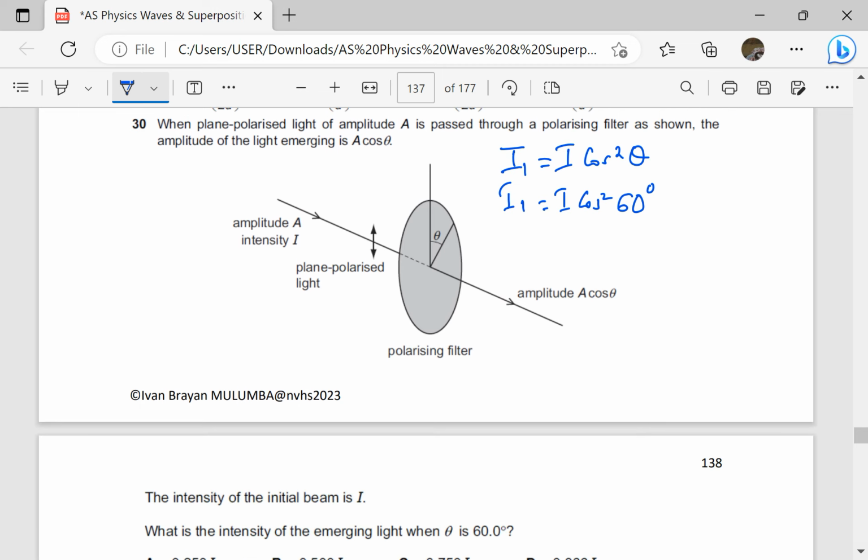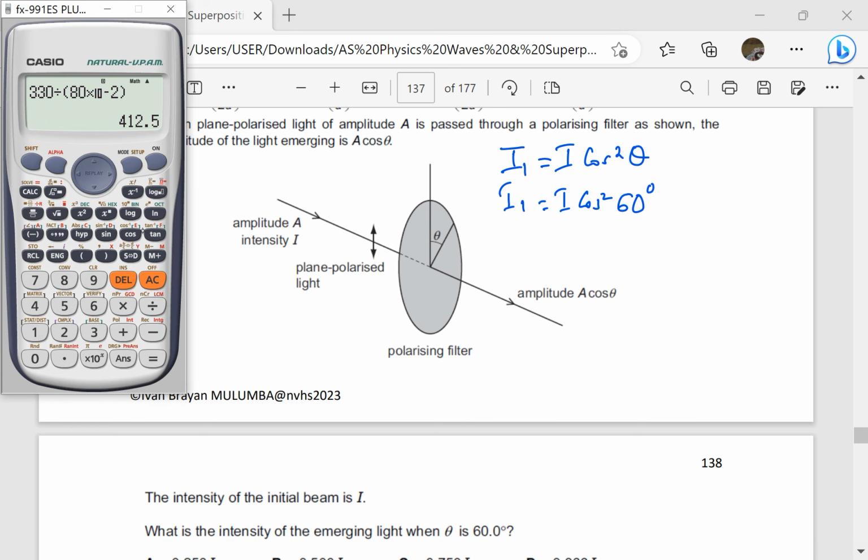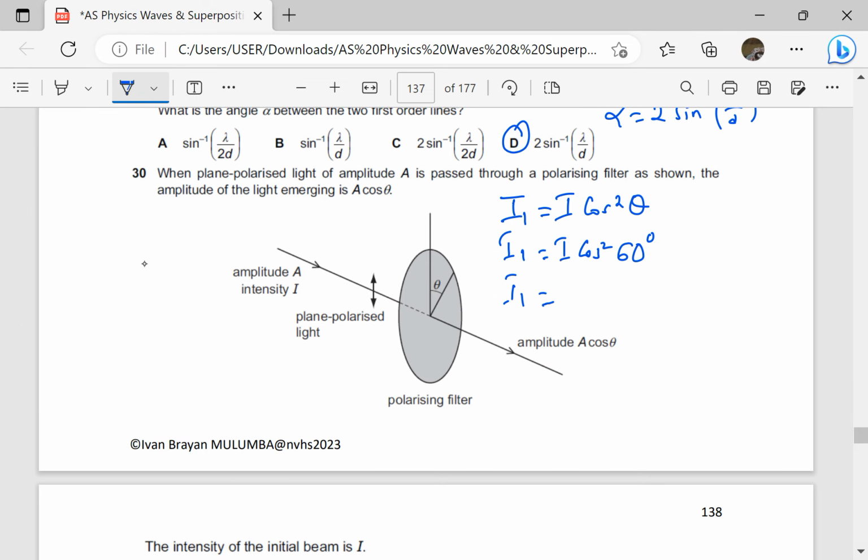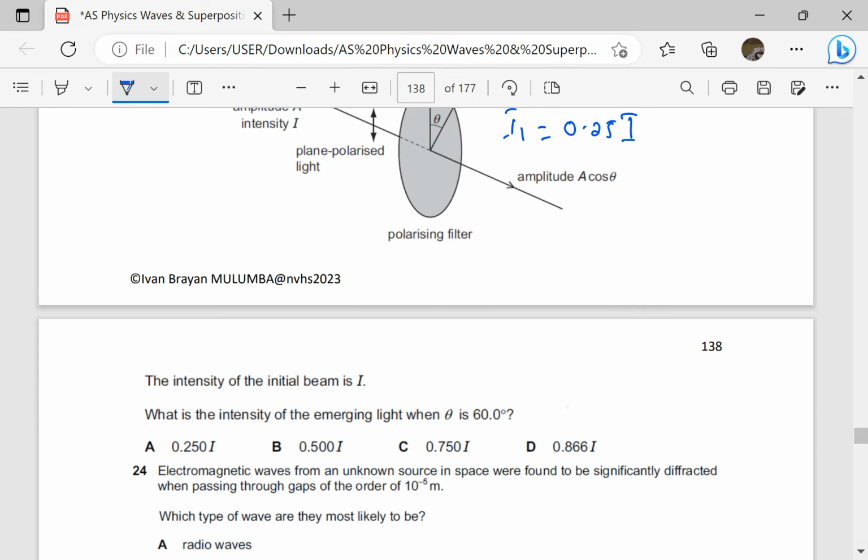And this is going to give us cos 60, and squared, that is 0.25 I. So here the answer is going to be 0.25 I. So the answer is going to be A.